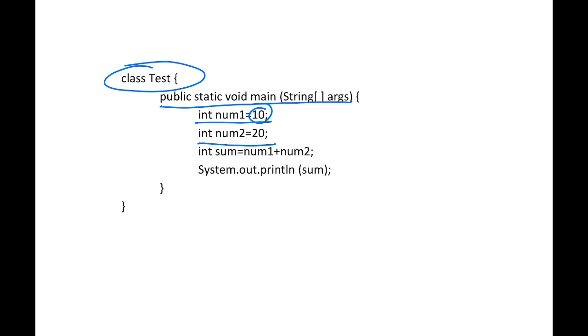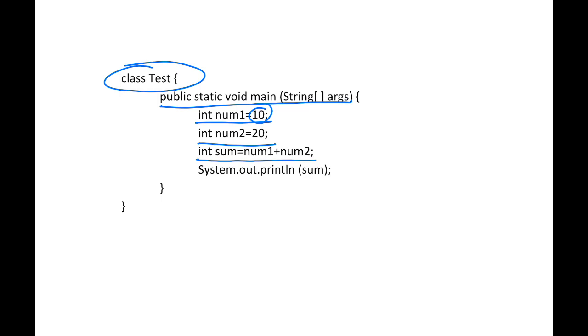Then the next line is int sum equal to num1 plus num2. Sum is a variable of type int and we are assigning the value of num1 plus num2 to it.